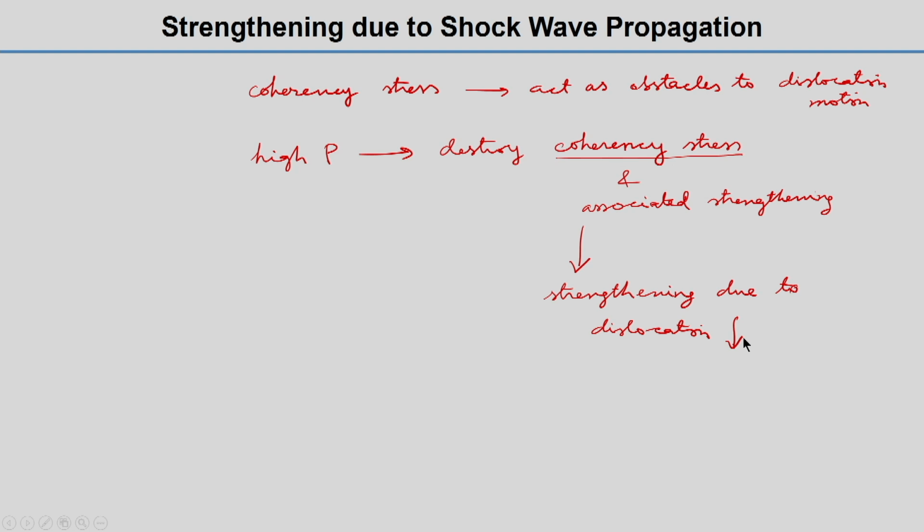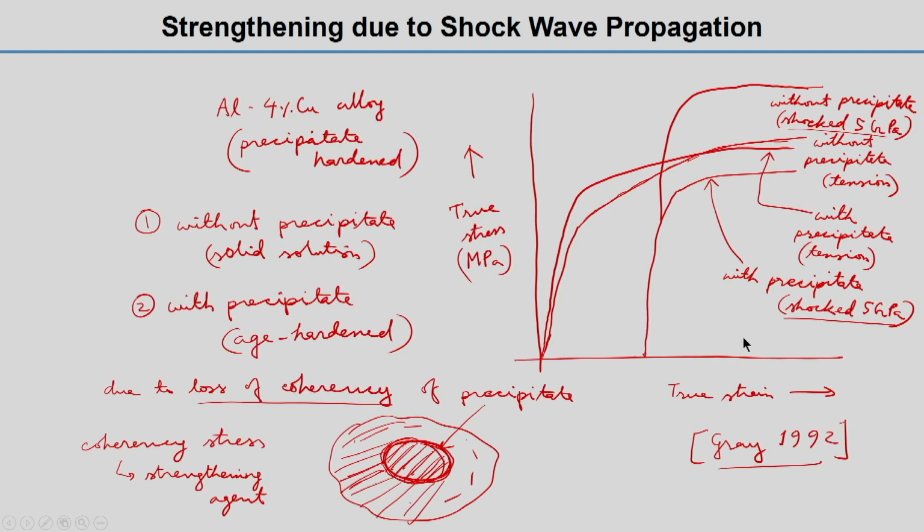So, why are we discussing this? Because we can see from here, this curve does not have precipitates, it is only the solid solution, and on the other hand, you have this curve which has precipitate. What happens when the precipitates are there?